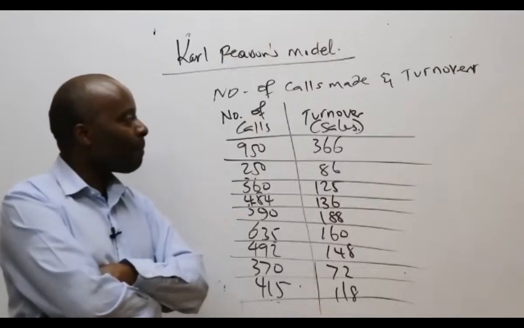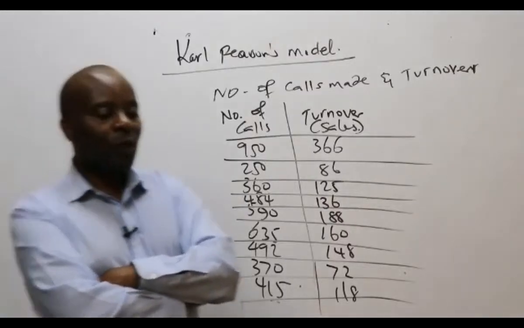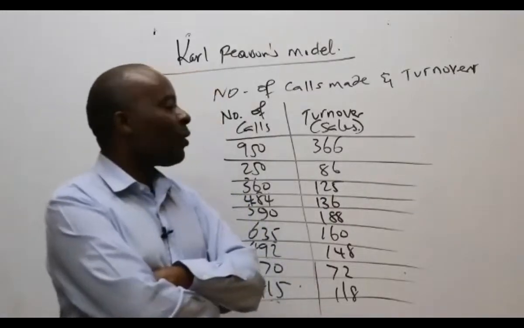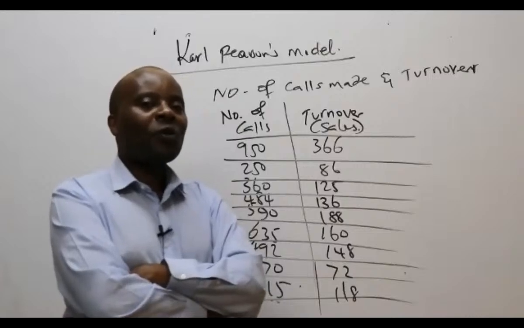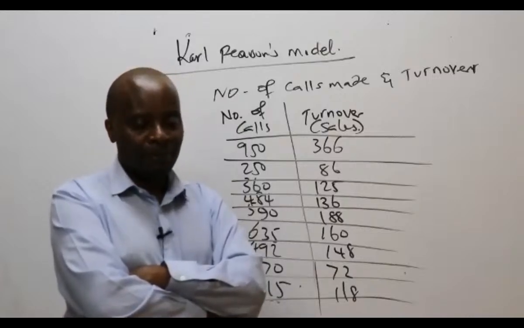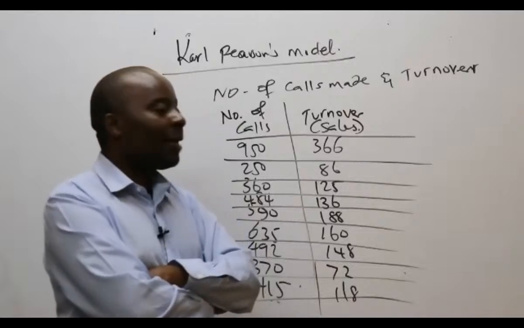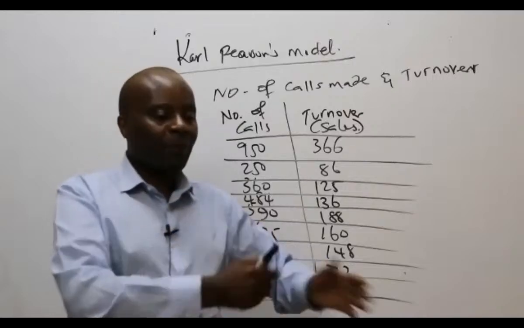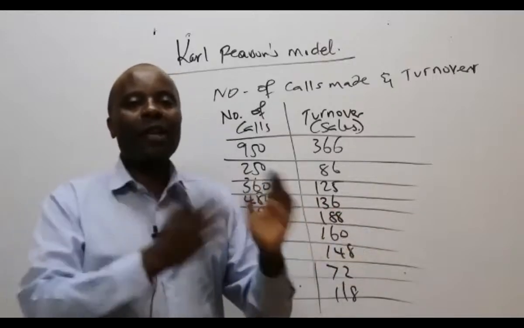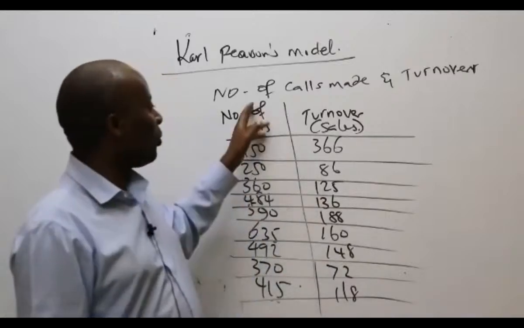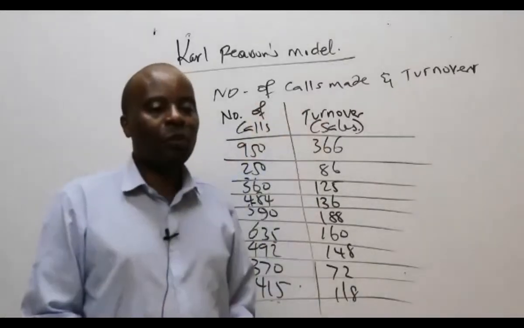So, ladies and gentlemen, if you ask those students why they give number of calls as x, most of them will not have an answer. Most of them will tell you it is because number of calls happens to be the first column, and as per the chronological or alphabetical order, the first one should be x and the second one should be y.